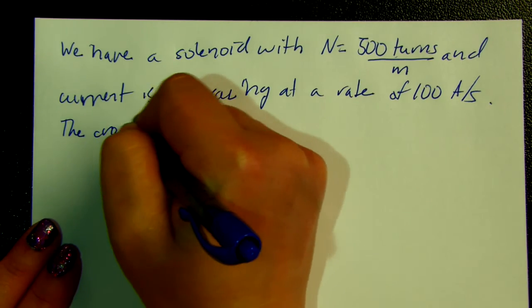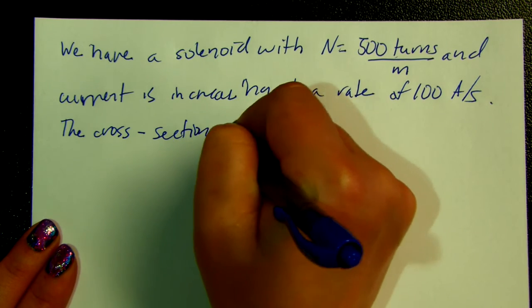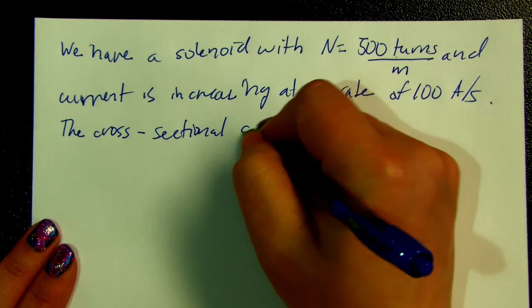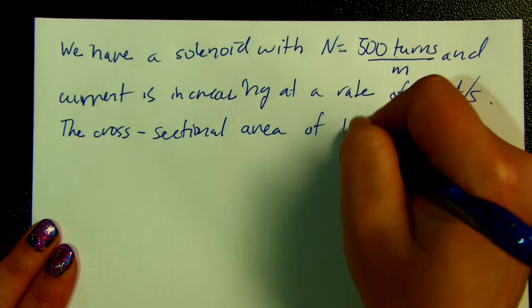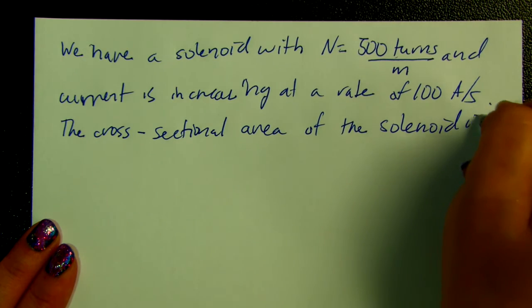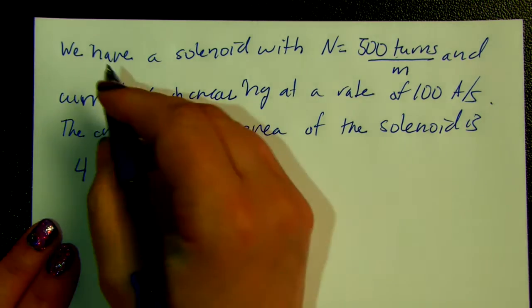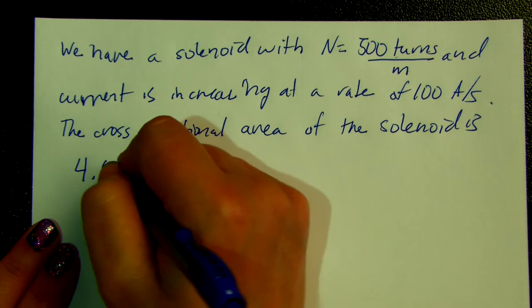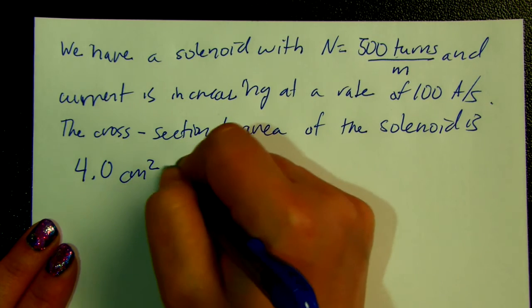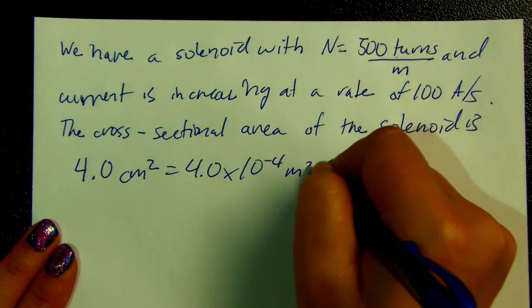The cross-sectional area of the solenoid is 4.0 centimeters squared, which is equal to 4.0 times 10 to the minus 4 meters squared.